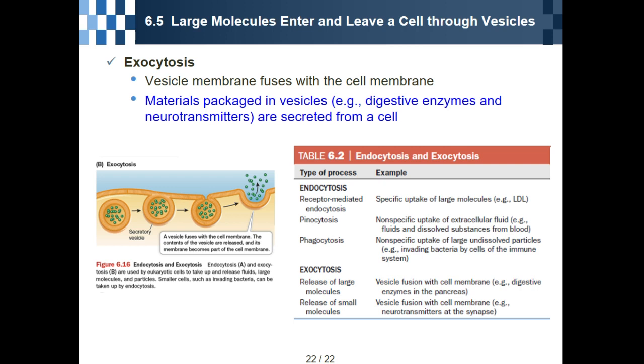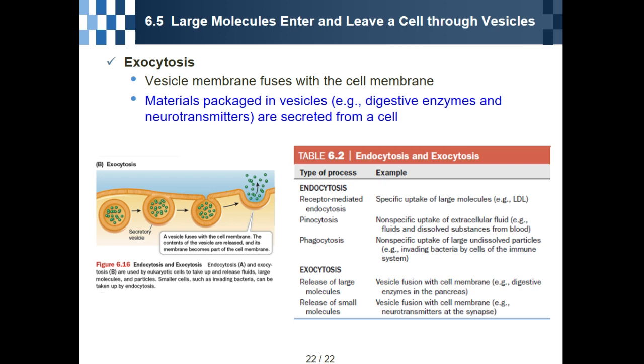So Table 6.2 summarizes endocytosis and exocytosis. Endocytosis is composed of three types: phagocytosis, pinocytosis, and receptor-mediated. Phago means non-specific, large molecules.